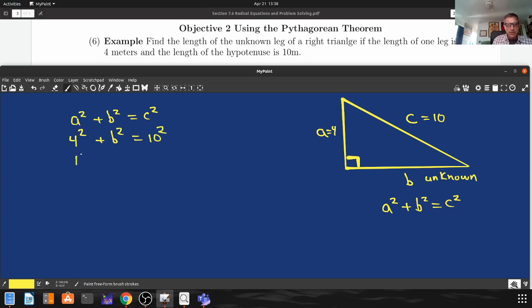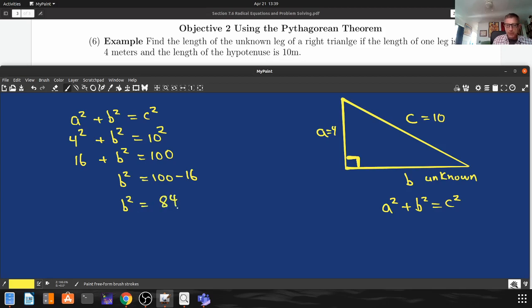So 4 squared is 16. 10 squared is 100. So I have B squared is equal to 100 minus 16. So B squared is equal to 84.